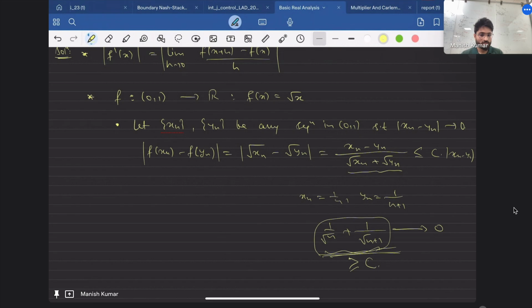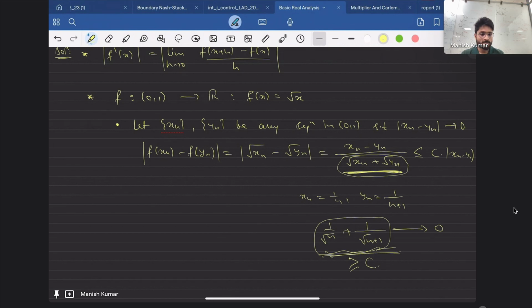Lower bound is 0, sir. Yeah, I'm just saying how to bound this one. This will blow up. Anyway, the numerator is also going to be 0, but the question is, if you want to explicitly find the bound for this, you won't be able to get it, right?